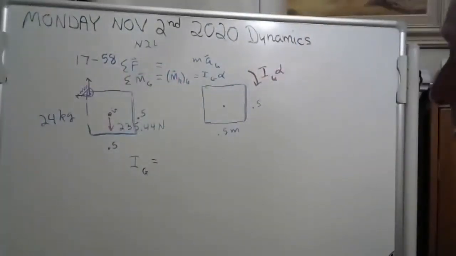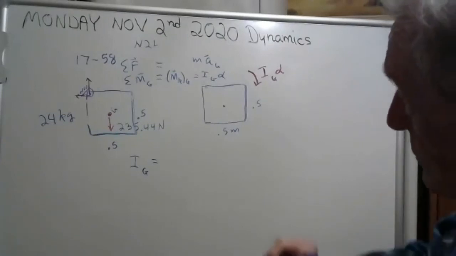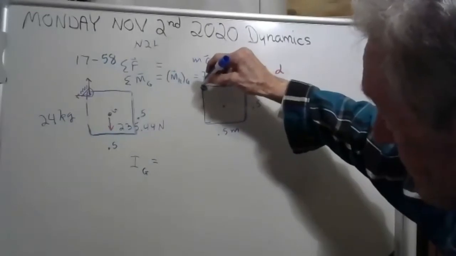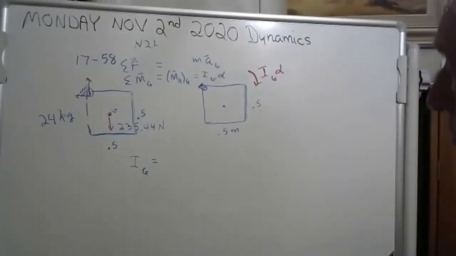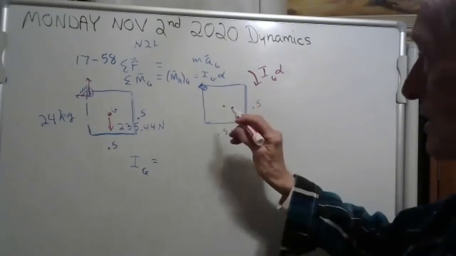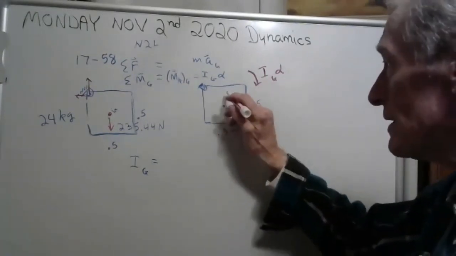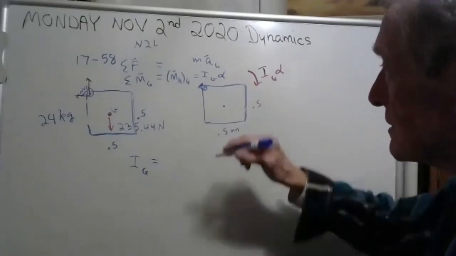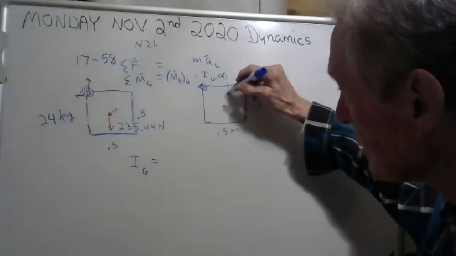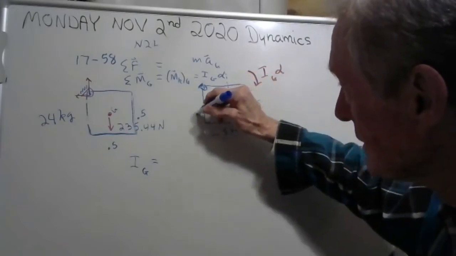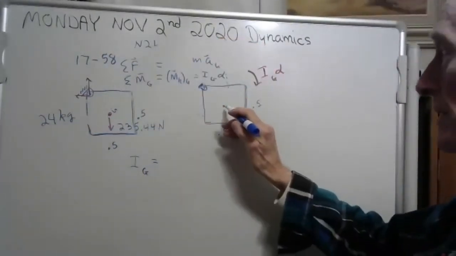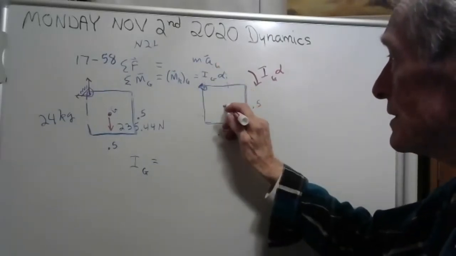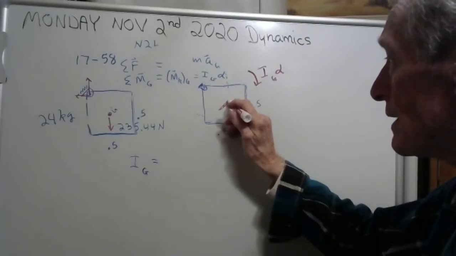Now, when you turn this thing loose, if it's got a pin right here, the direction of that m a_G is not straight down. This thing's going to kind of swing around in a circle. See, it's going to swing, and the m a_G is going to be going like that.